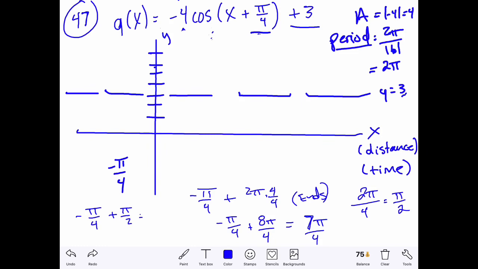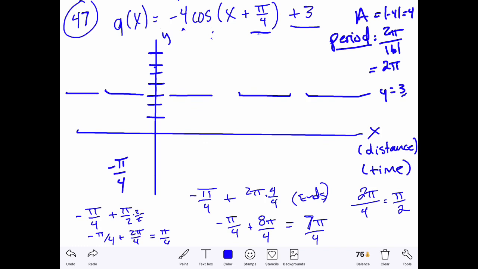And the reason I didn't actually put that location in yet is because I want to make sure that, once I add my first location to it, I've correctly put it here on the other side of the y-axis. Okay, so negative pi fourths plus 2 pi fourths, which is the same as pi halves, would be pi fourths.